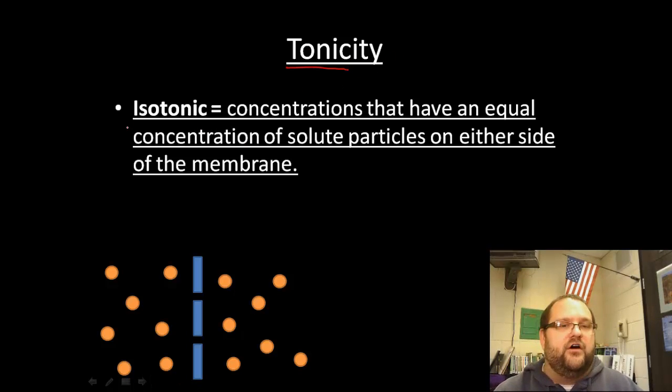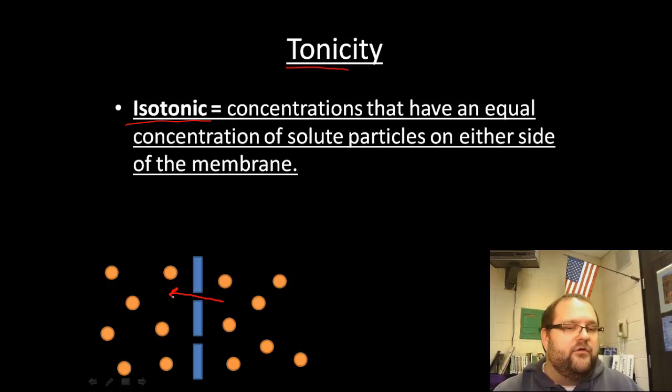The first type is called isotonic. And a solution that's isotonic has equal concentrations of salt on either side. So if we look here, they have equal concentrations, the same number of salt on this side of the membrane as on this side. Which means that water is going to move across the membrane, not the salt, but the water.